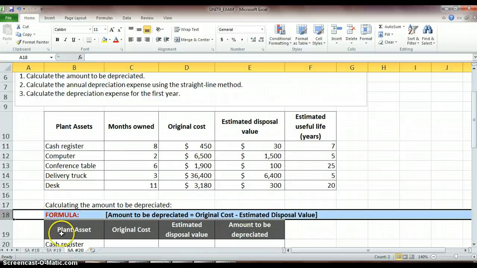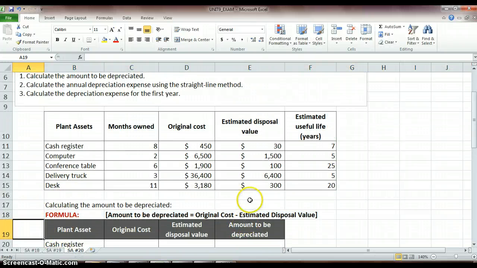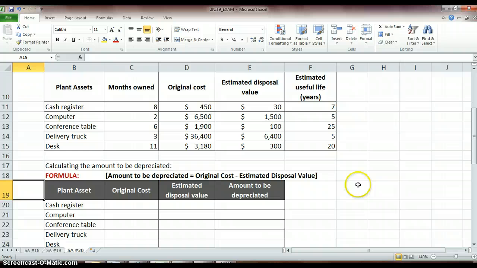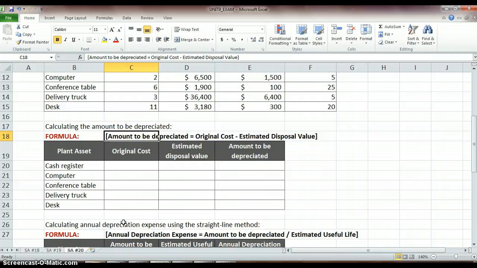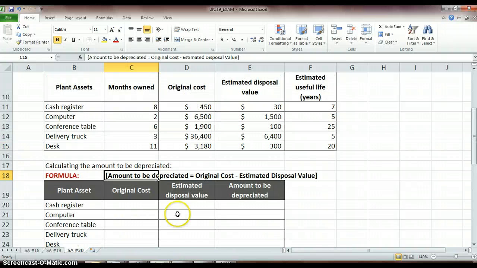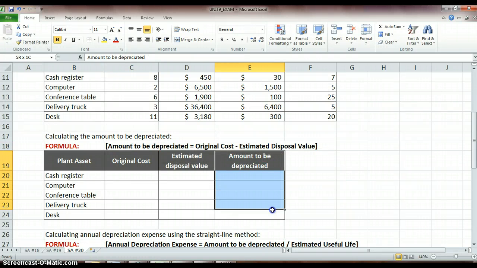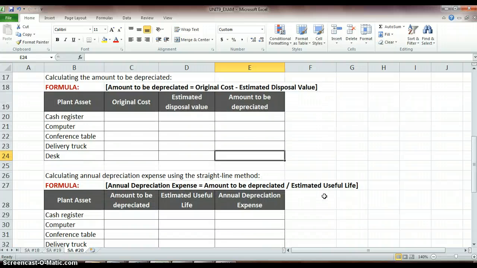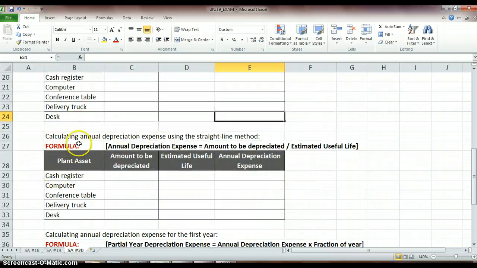Then for short answer number 20, we're looking again at depreciation. This is a little different than our depreciation assignment that we did earlier. I wrote out these different equations for you. In this first table, you're finding the amount to be depreciated. I have that equation up here for you, so refer to the table to get those amounts. With this next table, we're calculating annual depreciation expense using the straight line method.